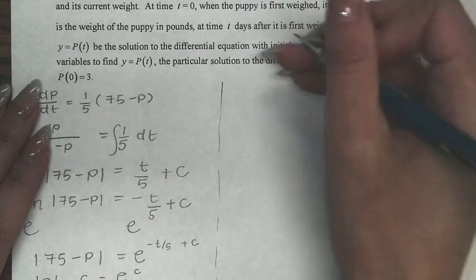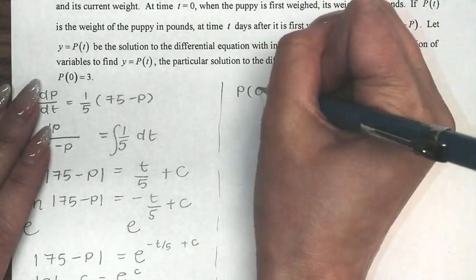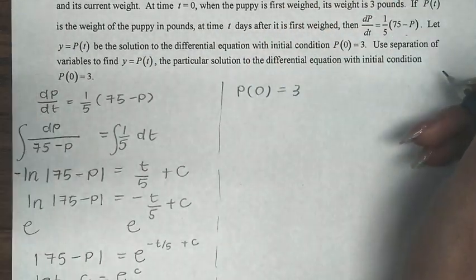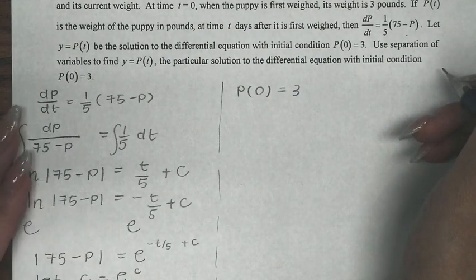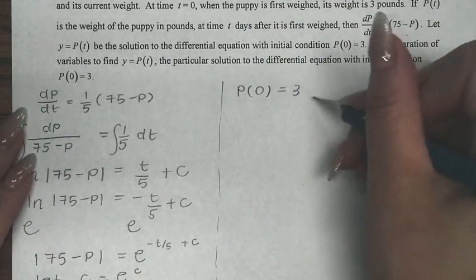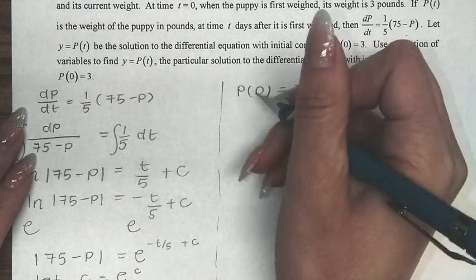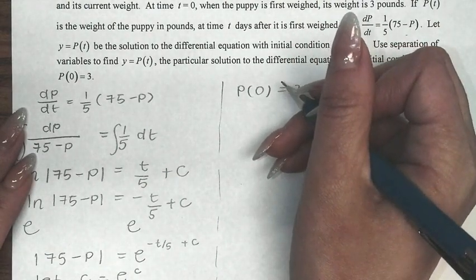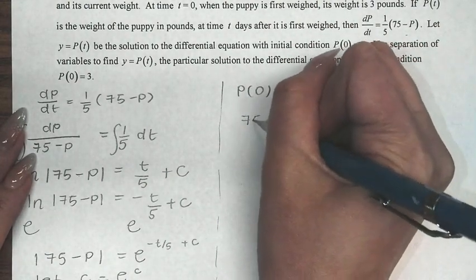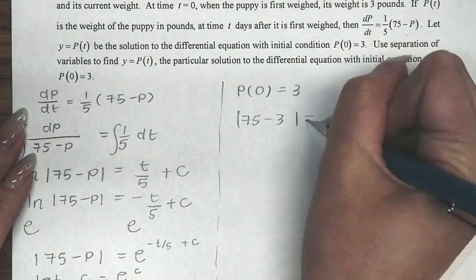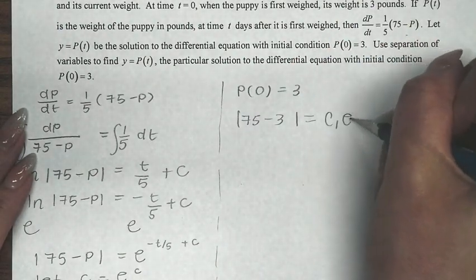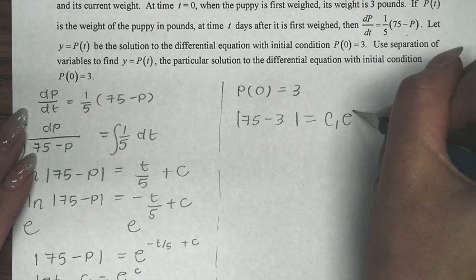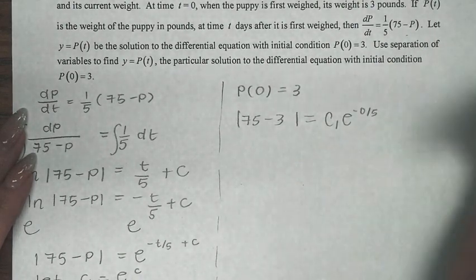We have my initial condition P of 0 being equal to 3. So you know that P is 3, so you have the absolute value of 75 minus 3 equal to C1 e to the negative 0 over 5, which you know is 0.